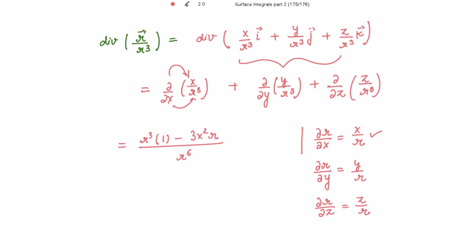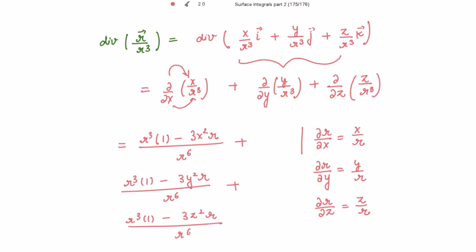Similarly, by symmetry, I'm writing for the other terms also. So this is plus r cube into 1 minus 3y square into r divided by r to the power 6, plus r cube into 1 minus 3z square r divided by r to the power 6, right? Okay, we can also cancel 1 r from the numerator and denominator.